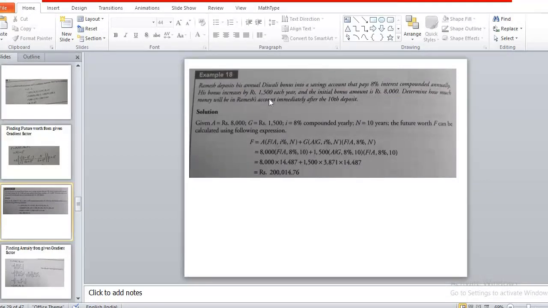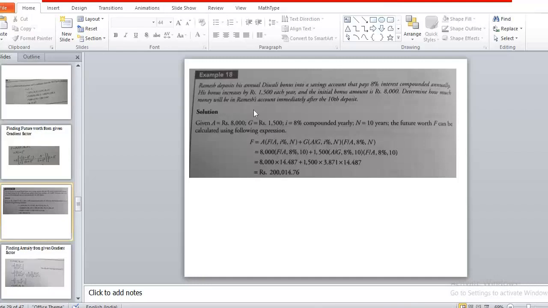And we have to find the future value F for this annual amount with the increment of 1,500 at an interest rate of 8%, for a period of 10 years. So n is considered here as 10. Now we have to find the future value F.